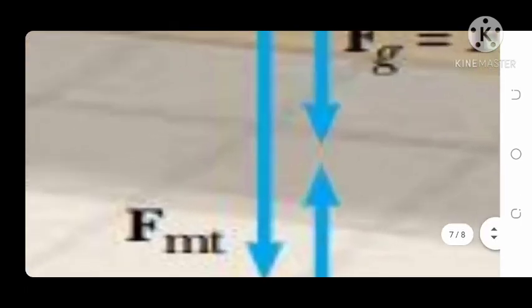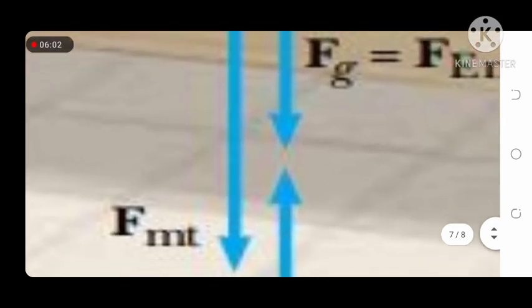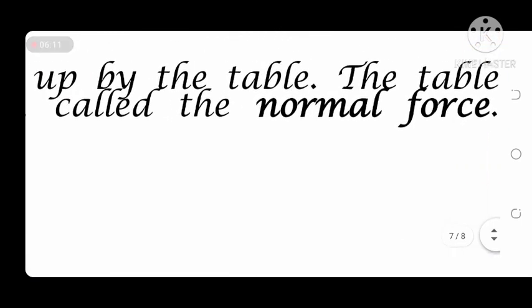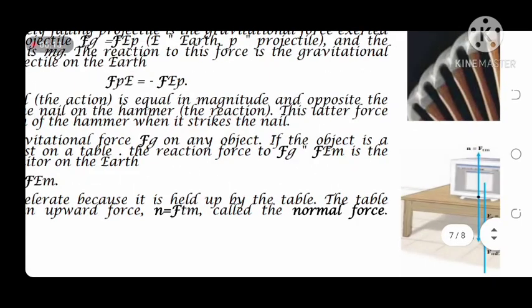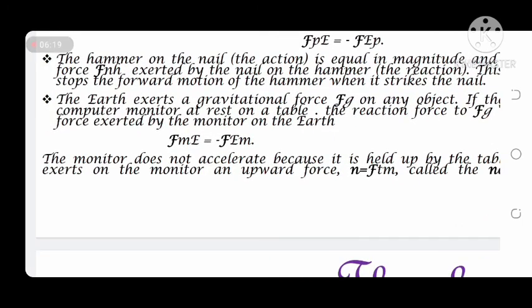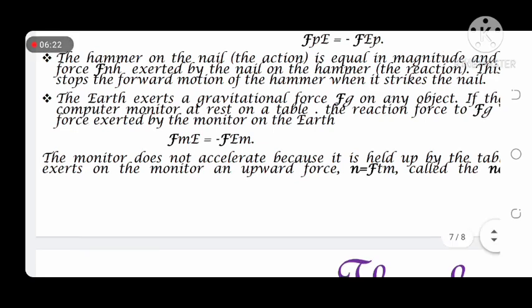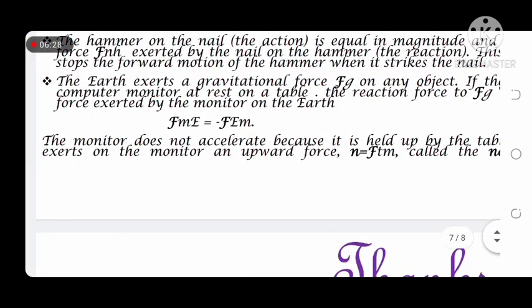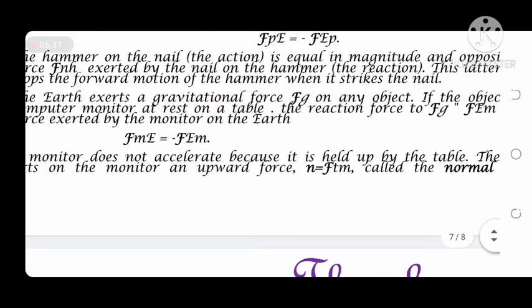In the other diagram, we can see these two forces are in opposite direction, Fg and Fme, force of monitor on the earth. So we have seen many forces. The monitor does not accelerate because it is held up by the table. The table exerts an upward force on the monitor, N is equal to Ftm, called the normal force.